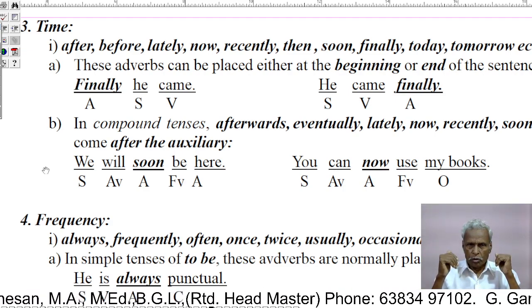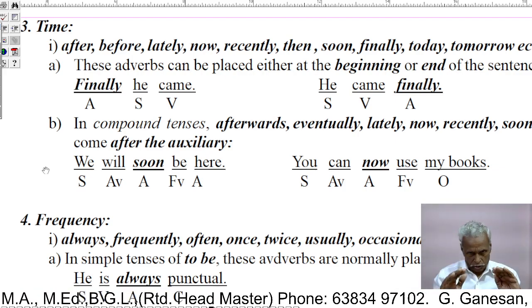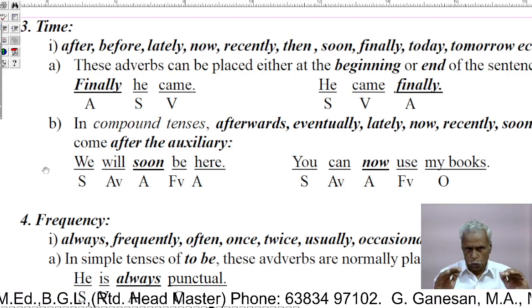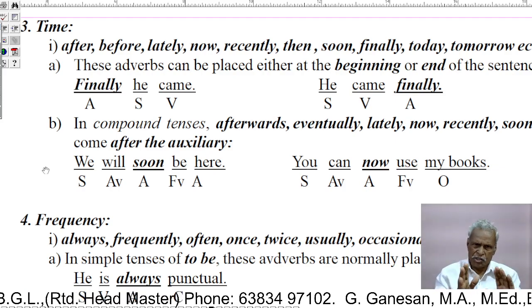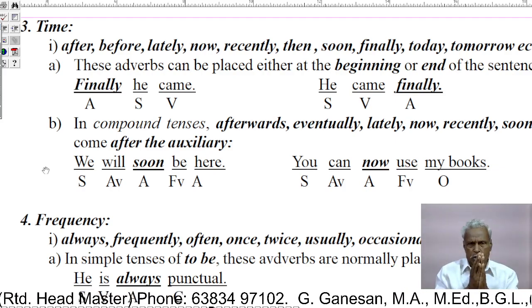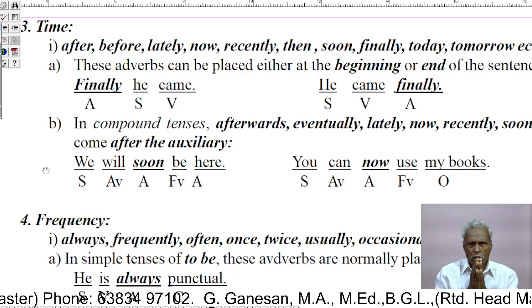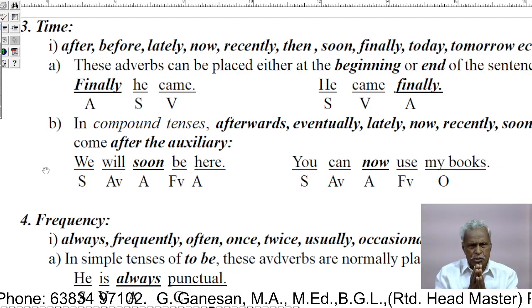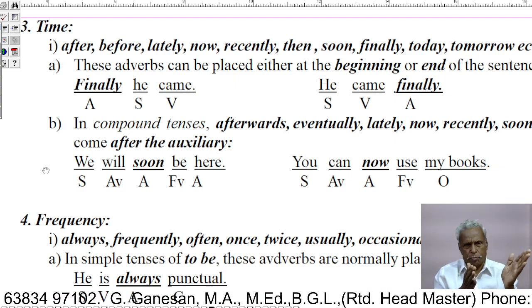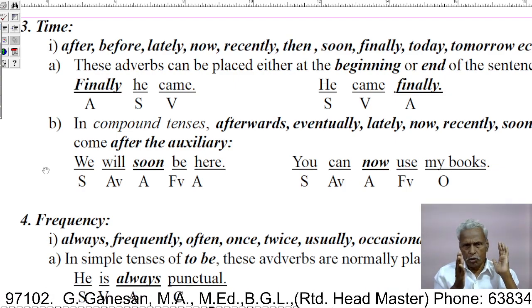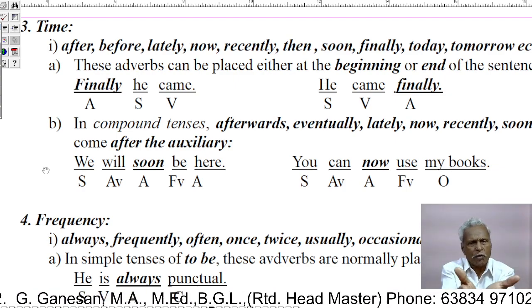Example: who will be here? Will be is the compound tense. So soon has been placed after the first auxiliary verb. He will soon be here. The sentence can be framed like this.